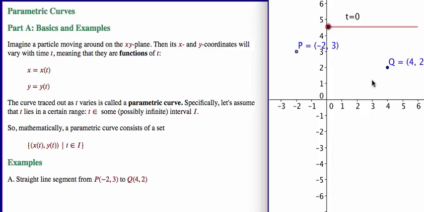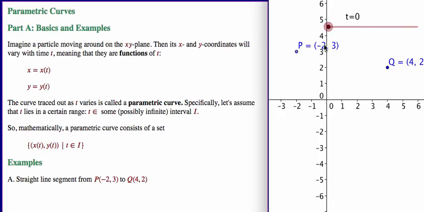And I want this line, as t goes from 0 to 1, I've just arbitrarily decided at t equals 0, it should be at P. And at t equals 1, it should be at Q. I think that's a kind of a logical choice, don't you? So, for example, t equals a half, it should be exactly midway between P and Q. In other words, as time goes on, it moves at a fixed velocity from the point P to the point Q.